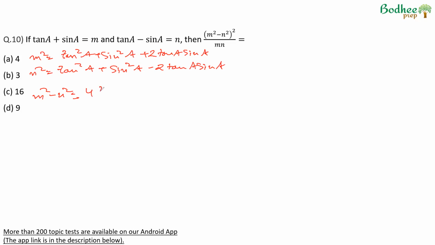So 4 tan A sin A. And therefore M square minus N square whole square will be 16 tan square A sin square A.